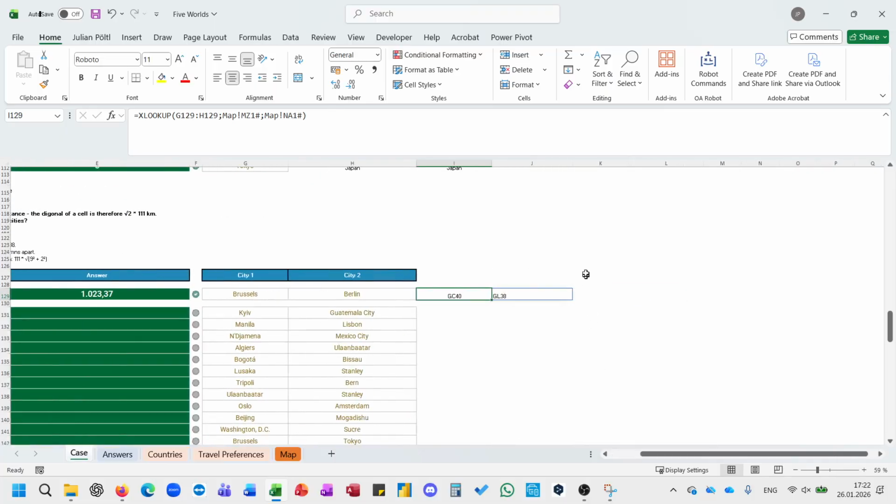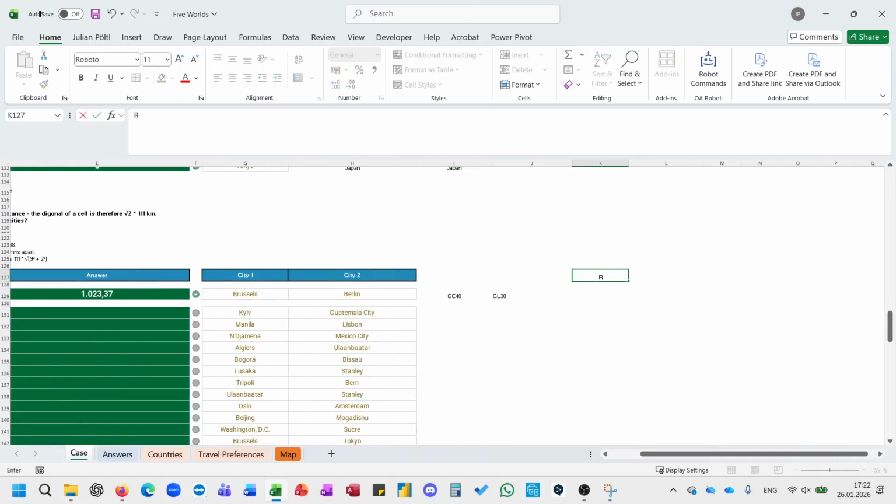And yeah, then it's getting more complicated. Row 1, row 2, column 1, column 2. And then I'm using for this the ROW INDIRECT combination to get the row number, and the COLUMN INDIRECT combination to get the column number.